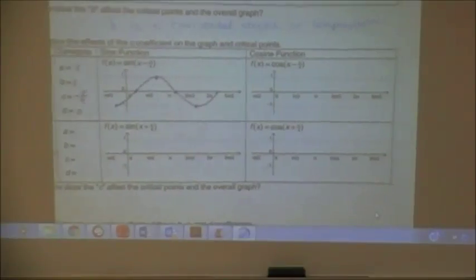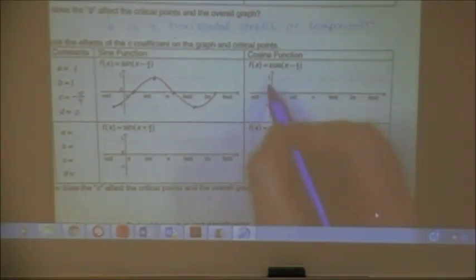Same thing for cosine, which normally starts at (0, 1), but now it's going to start at (pi over 4, 1).